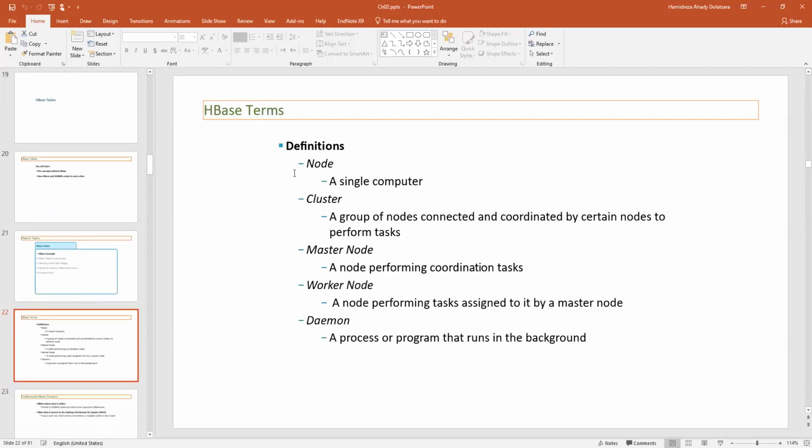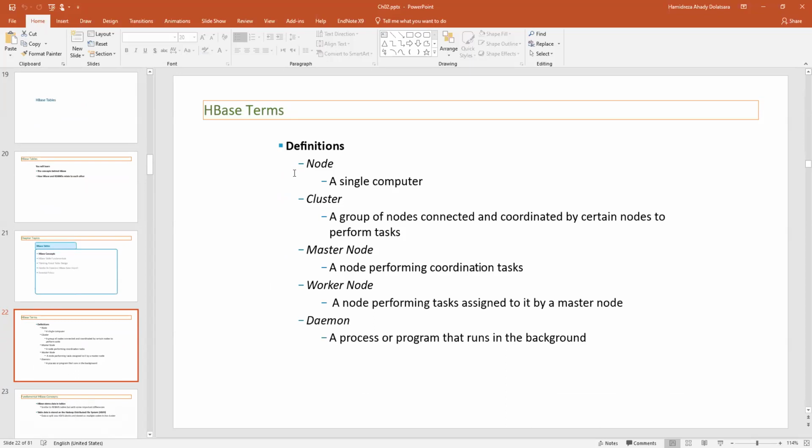Let's look at some definitions in HBase, which are similar to the HDFS concepts we had. Node: a single computer or single computation unit. Cluster: a group of nodes connected and coordinated by a certain node to perform tasks. Master node: a node performing coordination tasks.